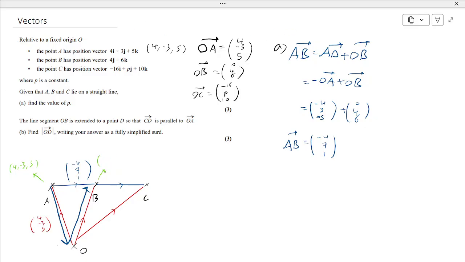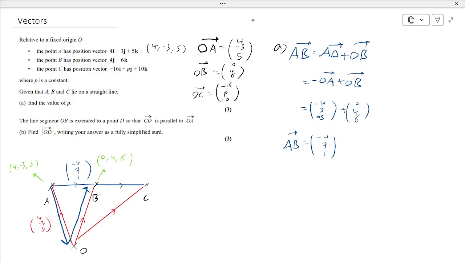So it is intuitive that to go from A to B, my x coordinate decreases by 4, which is why I have negative 4 here. The y coordinate goes from negative 3 up to 4, so it increases by 7. And the z coordinate goes from 5 to 6, so z increases by 1. So it is a logical idea. Anyway, we can speed through the rest of this.